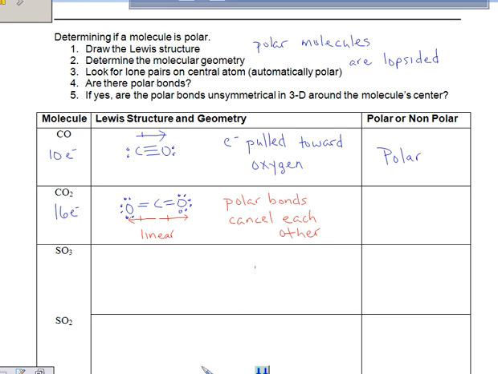So what this means is that this molecule is actually nonpolar because the molecule is symmetrical in 3 dimensions.